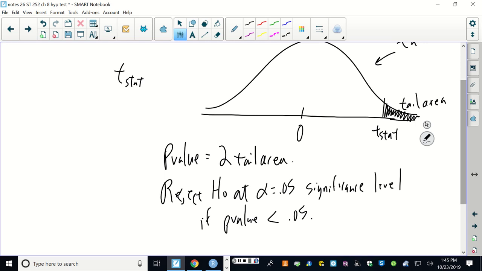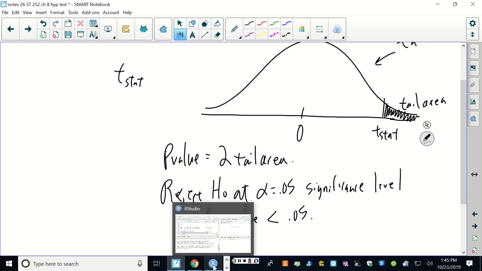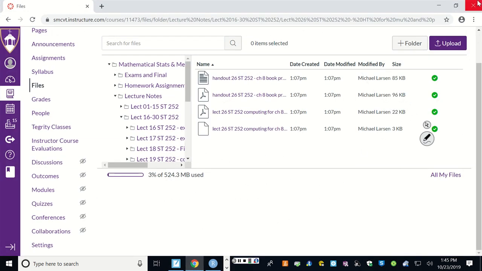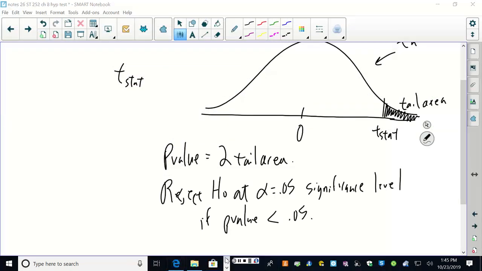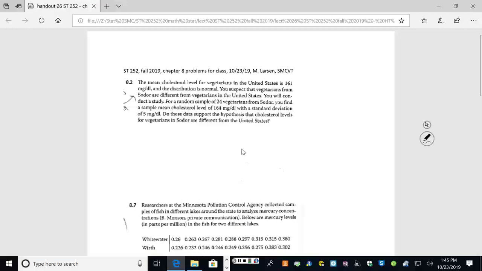Right? So let's look at one numerical example. The handout has this one problem from the book. For next Friday, there'll be some other problems to do from the book, but there's a nice collection of problems, so we'll look at one of these. The mean cholesterol level of vegetarians in the United States is 161 milligrams per deciliter, and the distribution is normal.